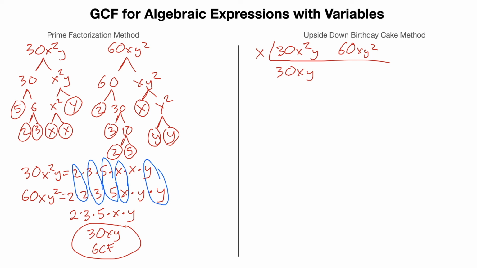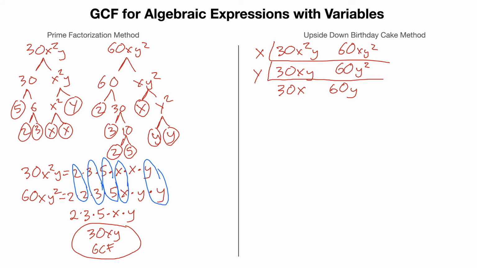So if I divide by x, that's going to get rid of the x, and I'm just left with 60y squared. I'm going to draw my line. I'm going to factor out a y. Again, I'm trying to get all the variables that I can that I see in both of these expressions. So that would leave us with 30x. And on the right-hand side, 60y squared. If I get rid of one of those y's, I'm going to be left with 60y.